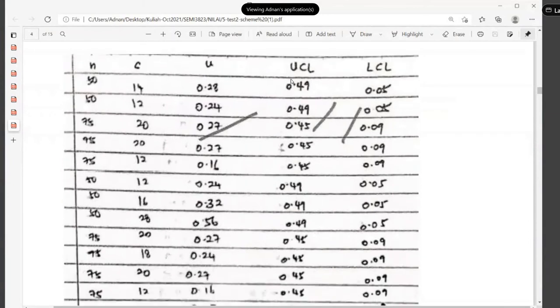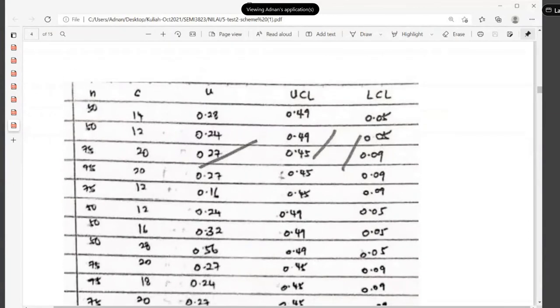So this is the solution where we have this value n, you have C, you have U. C is given, U is what you need to calculate, and you need to calculate UCL and LCL. Again, this one requires calculation of UCL for 50 and UCL for 75.